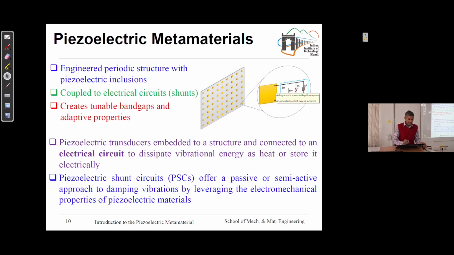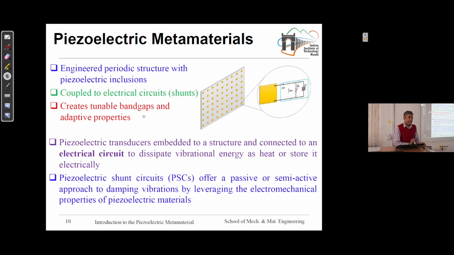So you can see what we have: piezoelectric metamaterials are periodic structures with piezoelectric inclusions, or piezoelectric meta atoms, coupled to an electrical circuit, the so-called shunt. Every meta atom is connected to the electrical circuit, which creates tunable band gaps and adaptable properties.